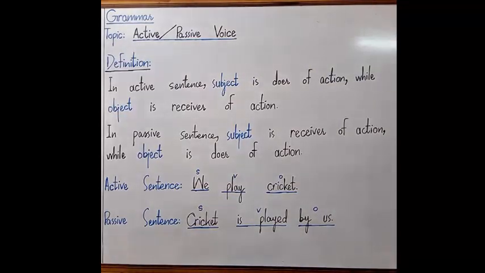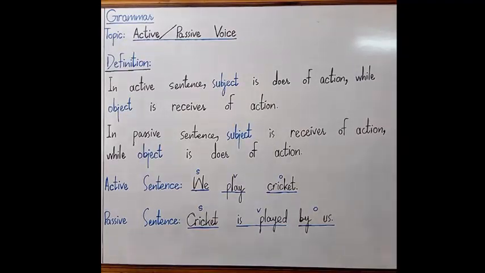But in a passive sentence the process is turned over. In a passive sentence, the subject becomes the receiver of the action while the object becomes the doer of the action. How it all happens I will tell you through the rules of passive voice. But this is quite clear that in an active sentence, the subject is the doer of action while the object is the receiver of action. On the other hand, in a passive sentence, the subject is the receiver of action while the object is the doer of the action.